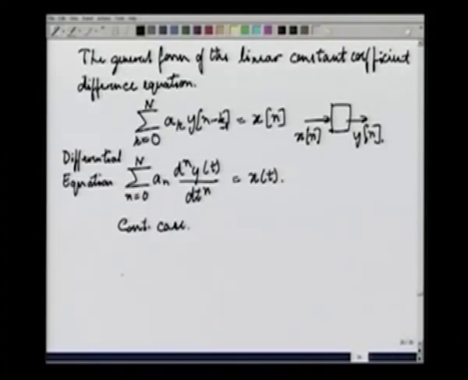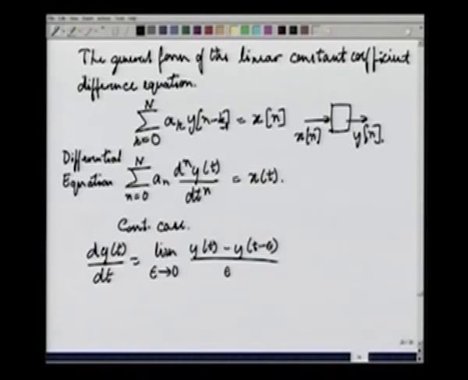In the continuous time case, a derivative d y t by d t is given by the limit as epsilon goes to 0 of y t minus y t plus epsilon, or if you like t minus epsilon, whichever, divided by epsilon.